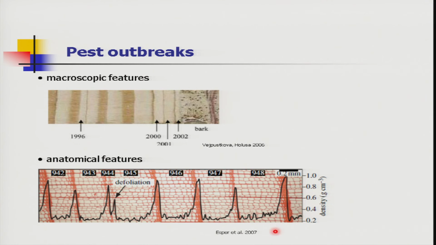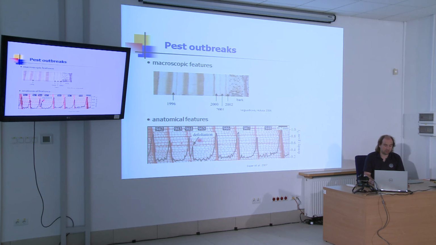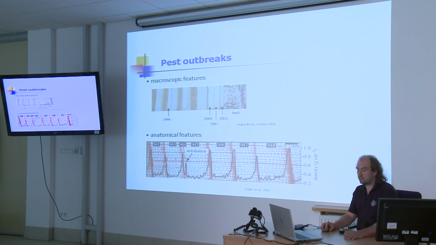The lower panel presents the study on the larch budmoth gradations in Switzerland, and we can see here in the background the cross section, the anatomical slice made from the wood of the larch, and these black lines here are a profile of the maximum density.